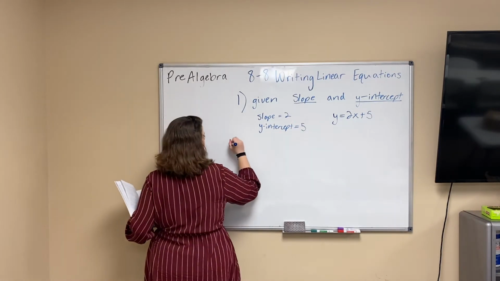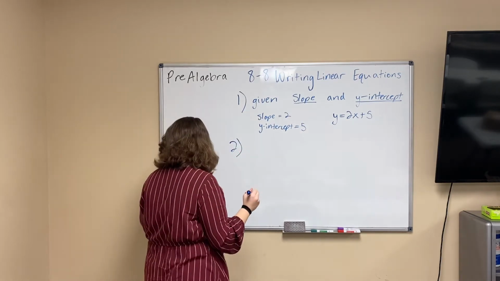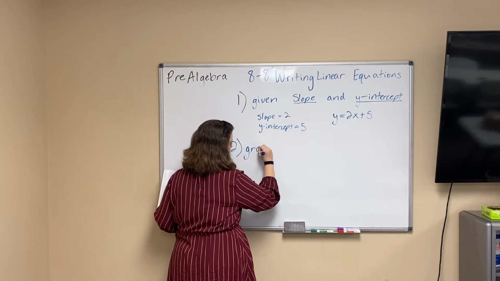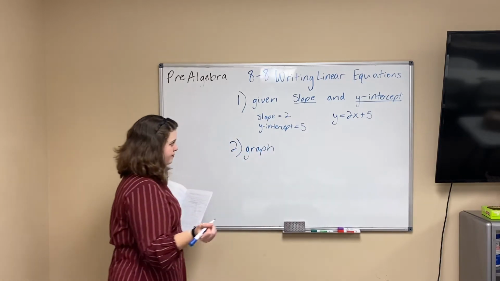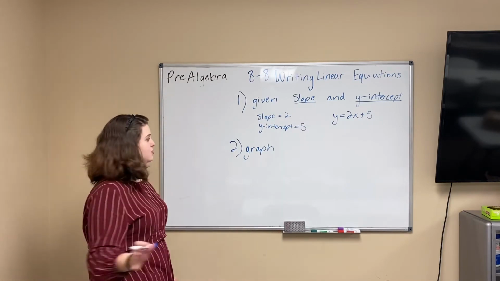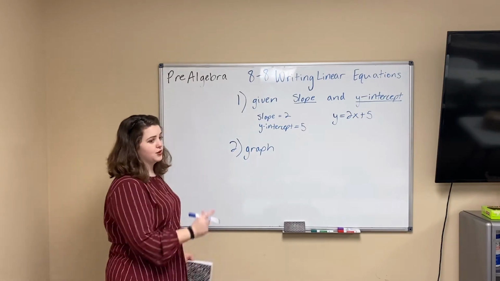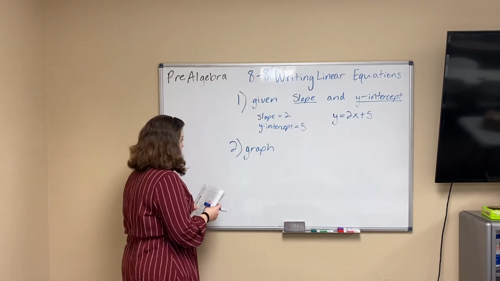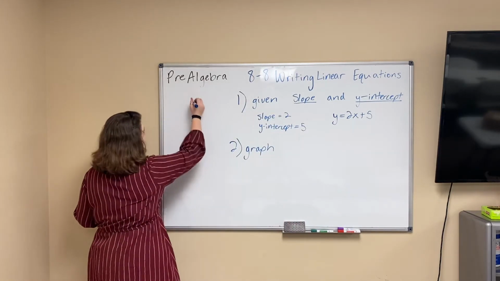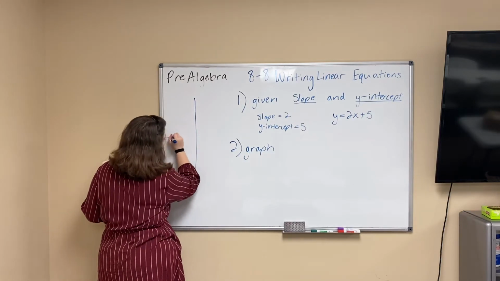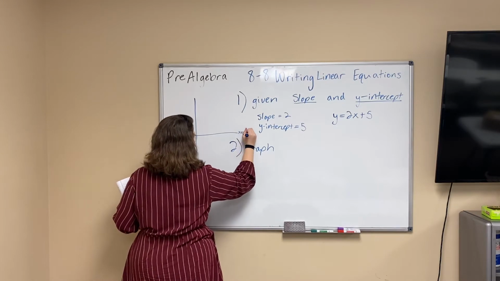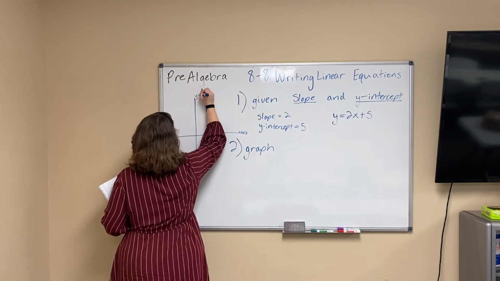The second scenario that you'll be given is they'll only give you the graph. So they're not going to tell you what the slope is, and they're not going to tell you what the y-intercept is. They're only going to give you a graph and see if you can figure those things out. So let's do that together. I'll draw it over here. Okay, so remember we have our x-axis and our y-axis.